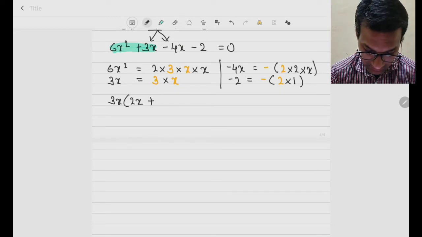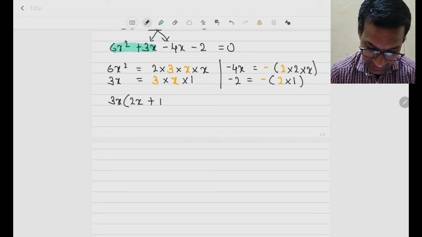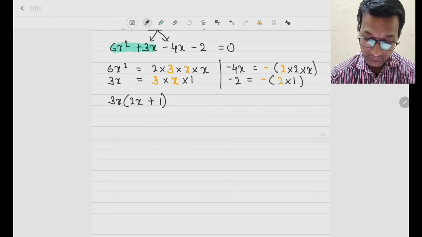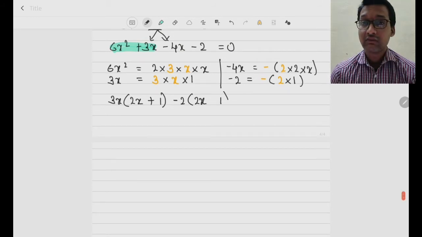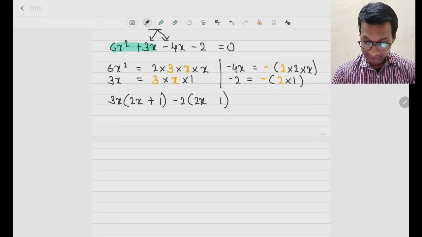Plus, now in the second term, nothing is left, but we can always write here into 1. So 1 is left in the second term. Same way, in the last two terms, minus sign is common and 2 is common. Now in the bracket, what is left of the first term is 2x, and in the second, what is left is 1.